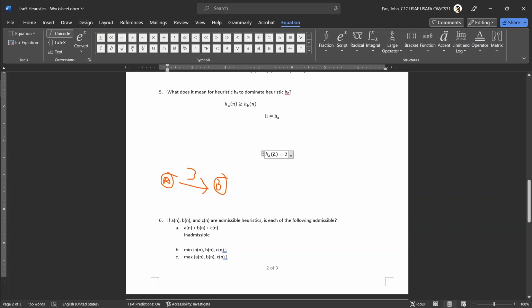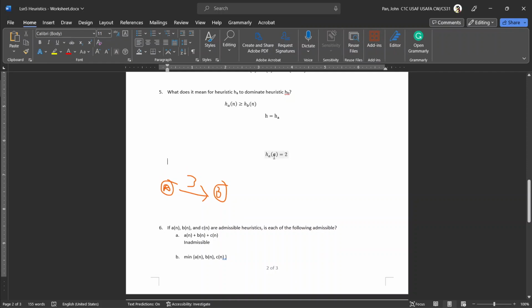H sub A is 2. This is admissible. The H sub A heuristic is less than the true cost from A to B. And let's do another one. H sub B of A equals 2. This is also admissible for the same reason.